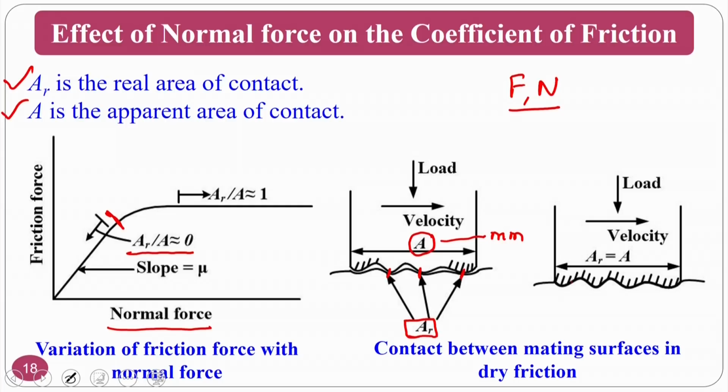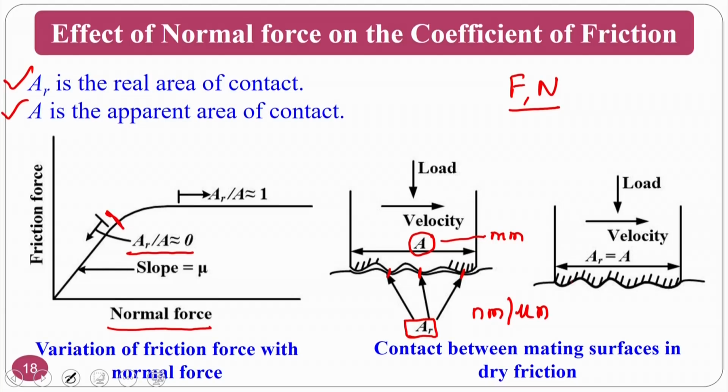That means it may be some few nanometers or micrometers. If you take the ratio of real area of contact to apparent area of contact, nanometer by millimeter is a big difference, assume it is more than 10,000 times. That is why it is apparently 0 in this area. Okay. The slope is nothing but your coefficient of friction.